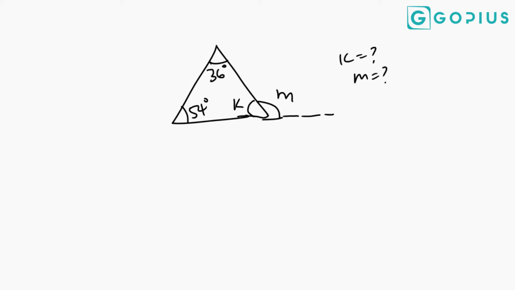So here we are going to have 54 degrees plus 36 degrees plus K. Those are the three angles inside the triangle, and this should always give you 180 degrees.